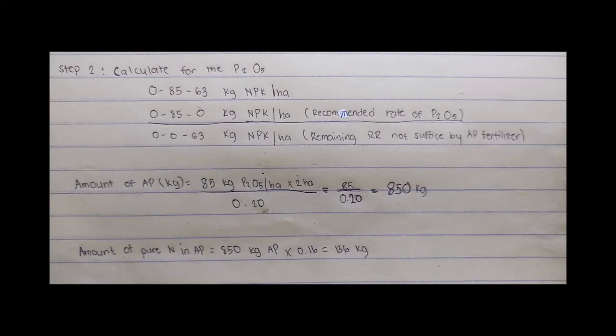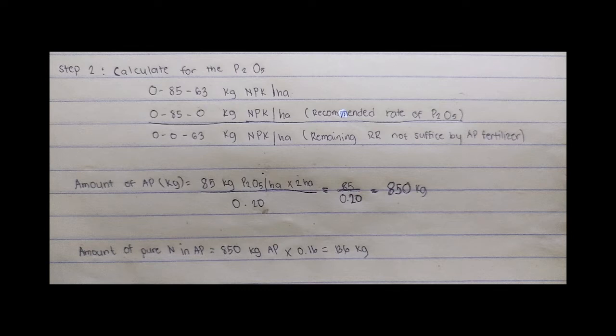And now I will proceed to step 2. Calculate for phosphate. Since I already calculated the 125 nitrogen per hectare using urea, I already zeroed in on the amount of nutrient needed by the field. The remaining recommended rate per hectare is 0, 85, 63, because I already met the nitrogen. To meet the requirement for phosphate, I use ammonium phosphate as fertilizer.